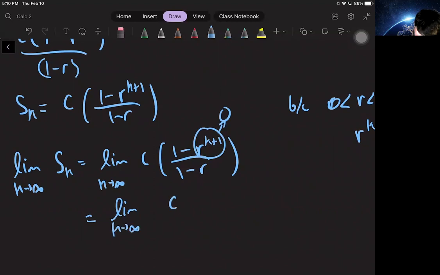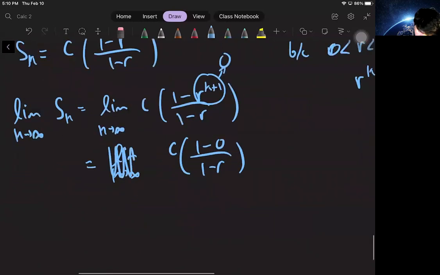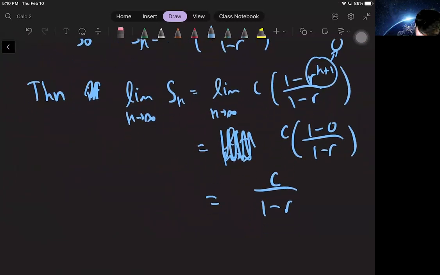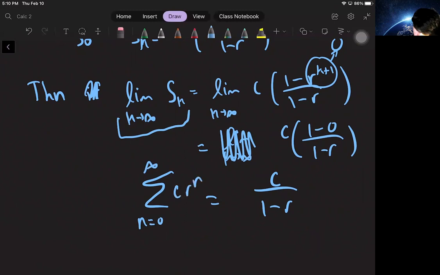So you just get c times 1 minus 0 over 1 minus r. Oh wait, sorry, I already took the limit, so that's gone. There's no k's anywhere else to take the limit, so you really just get this. So this is, remember, the definition of what the series adds up to. So this is, in fact, what our series adds up to that we started with.